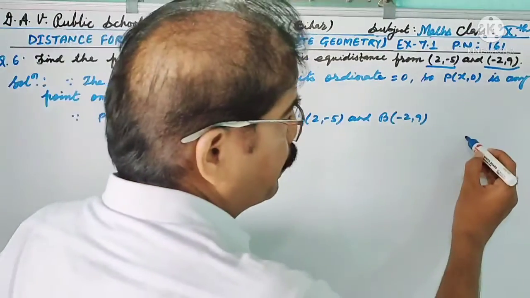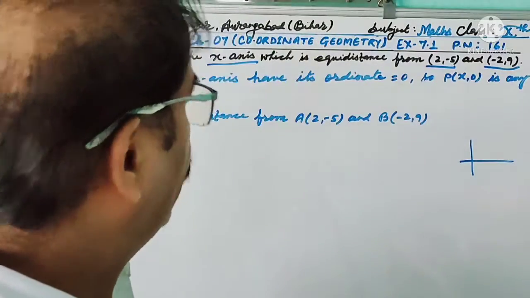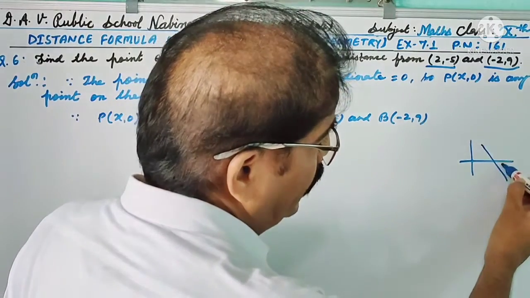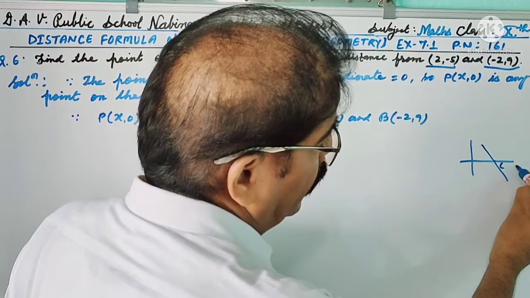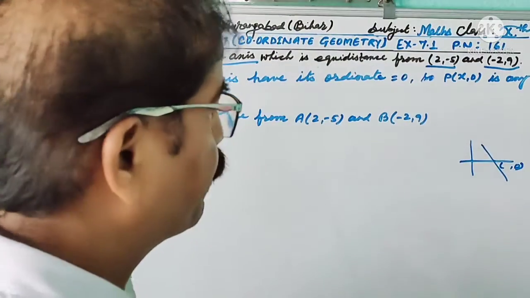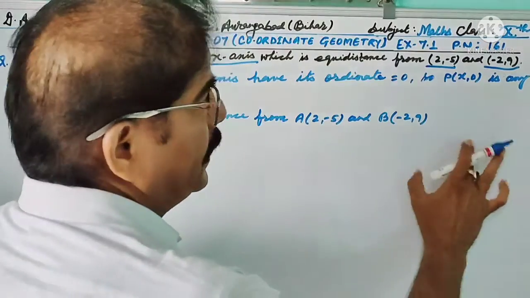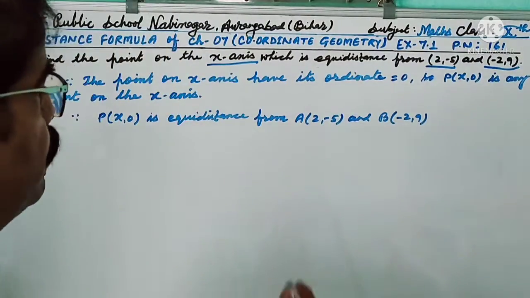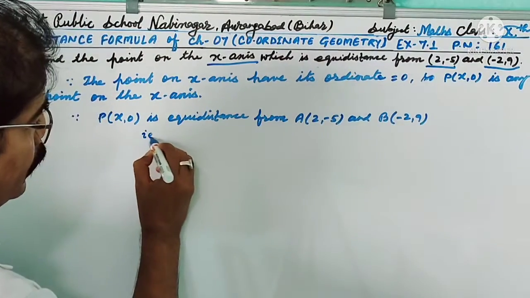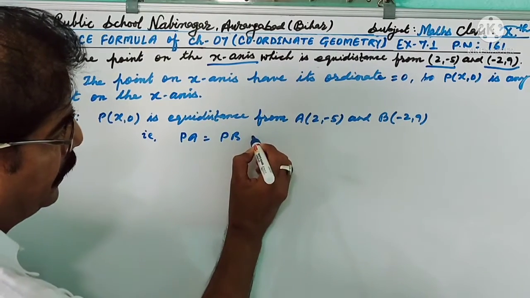In the Cartesian plane, if you find a point on the x-axis, the ordinate is 0. So let P(x, 0) be equidistant from A and B, that is PA equal to PB.